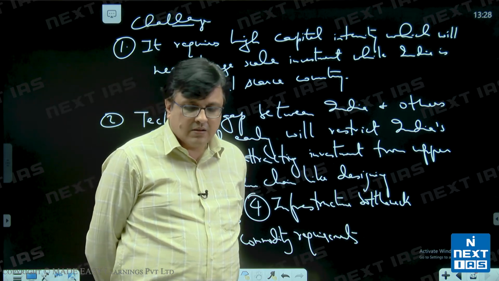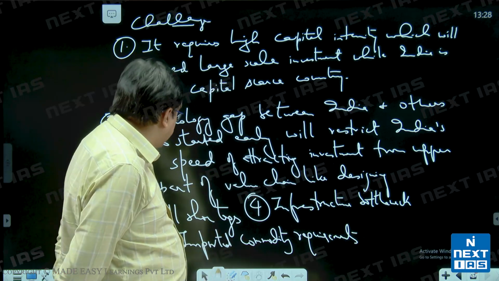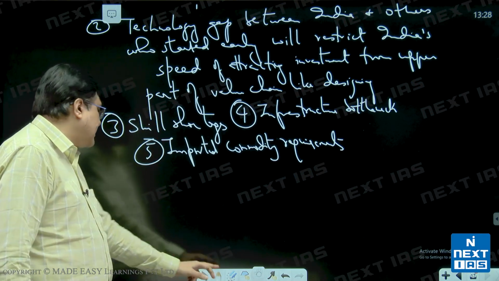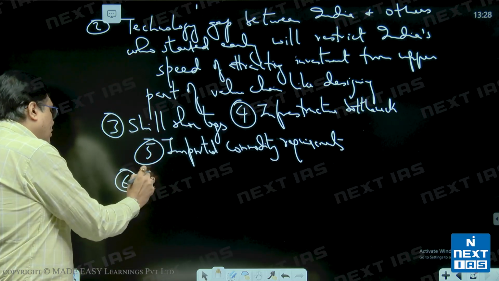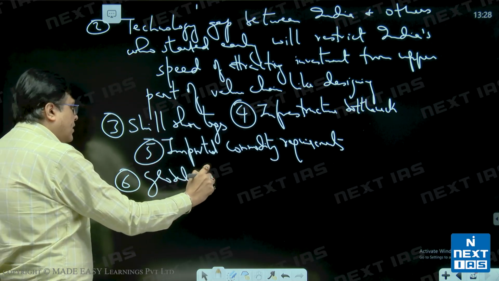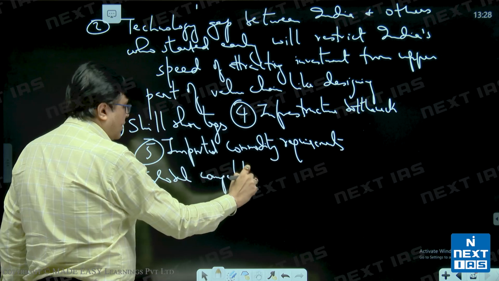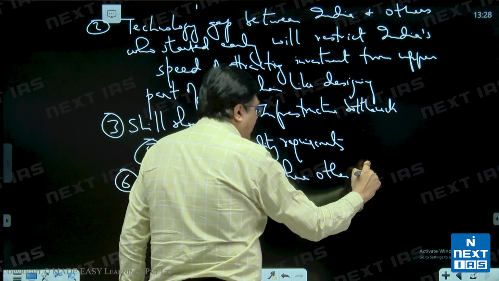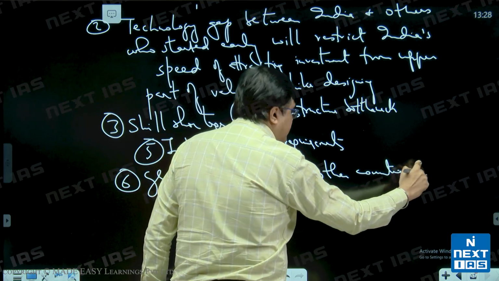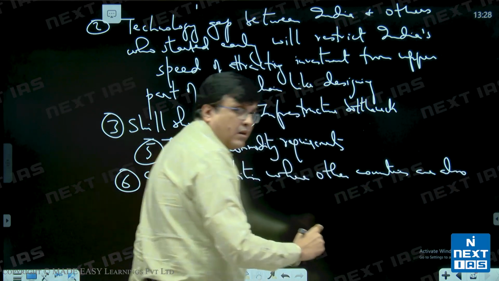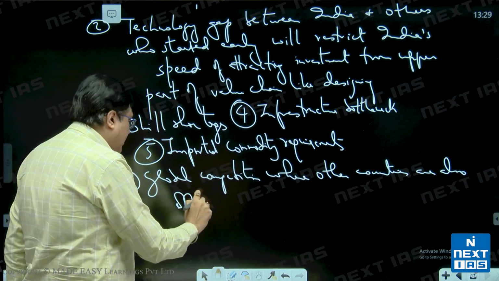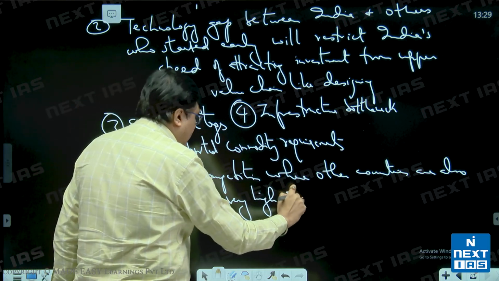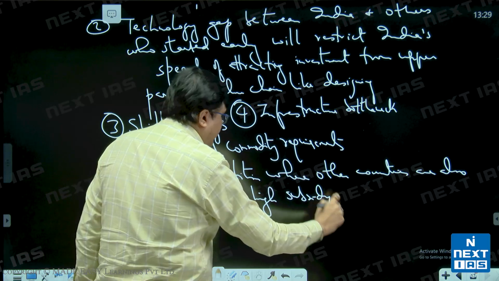And then India is offering subsidies, but the challenge is CHIPS Act in US and many other countries like that. So global competition, where other countries are also offering very high subsidy.